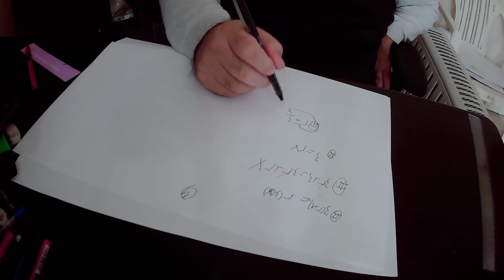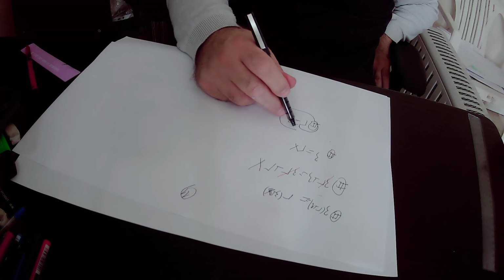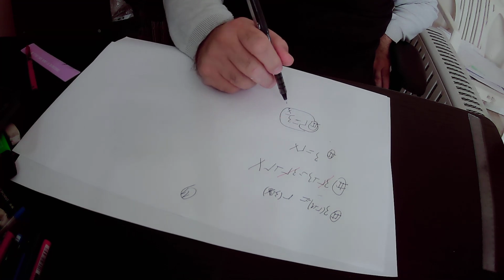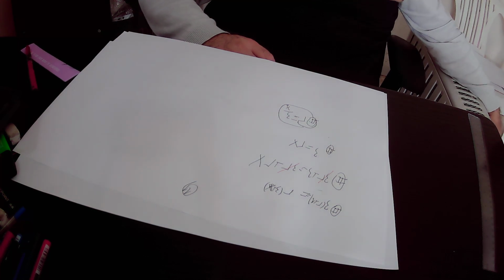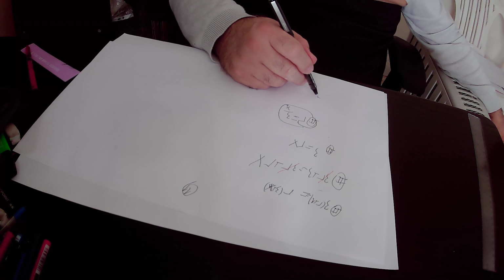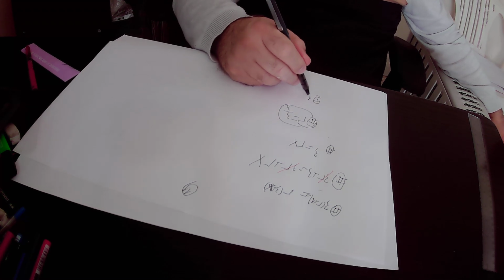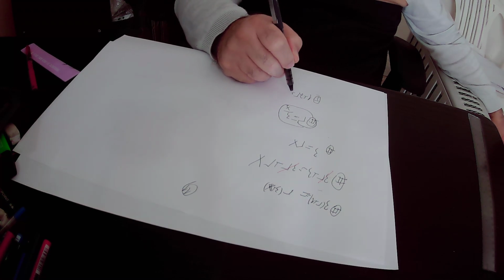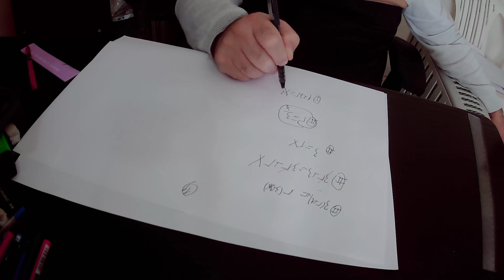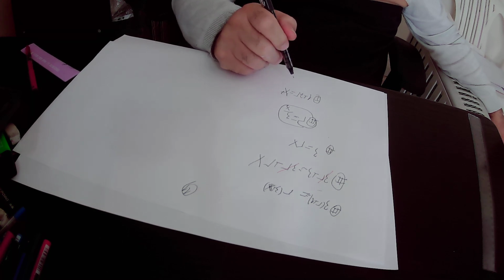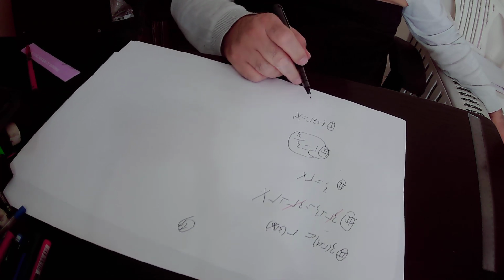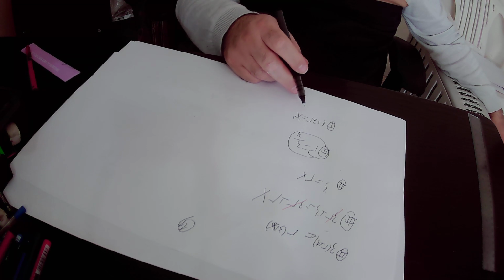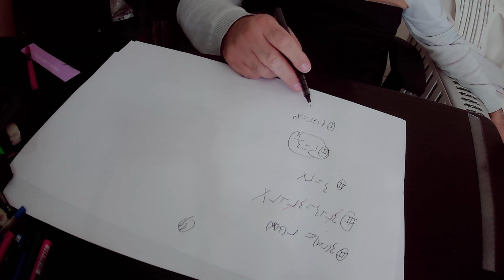We found out that according to equation number 2, the radius of the semicircle equals 3 over x. But we have already found out in equation number 1 that 1 plus 2R equals x squared. So we can substitute R in equation number 1 by 3 over x, because R equals 3 over x.